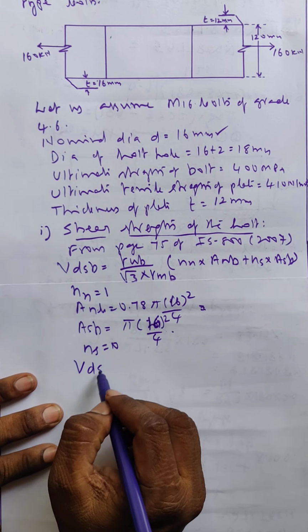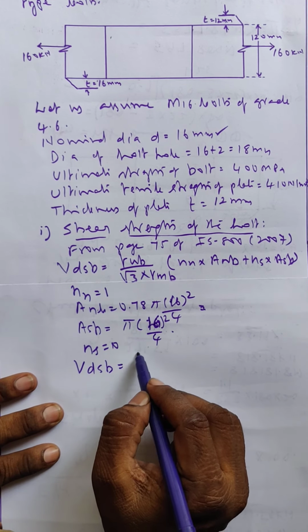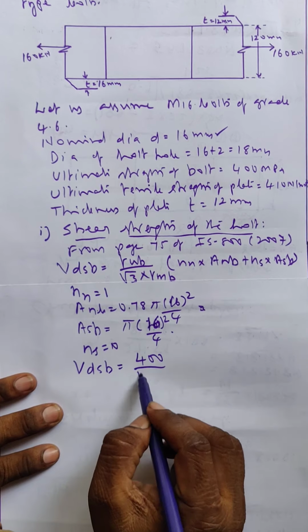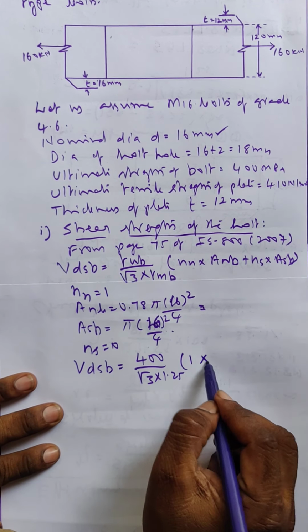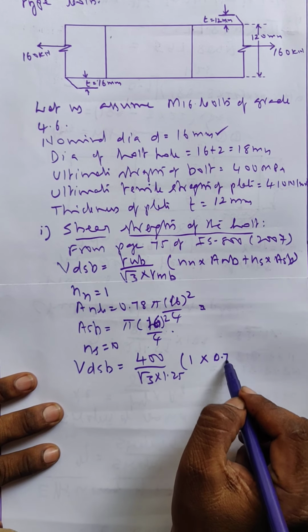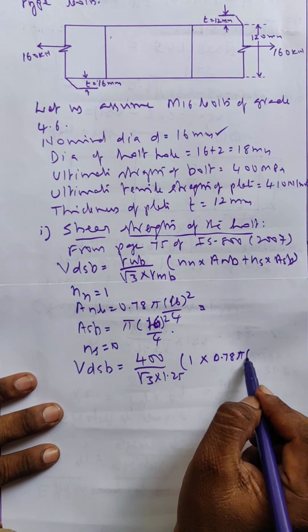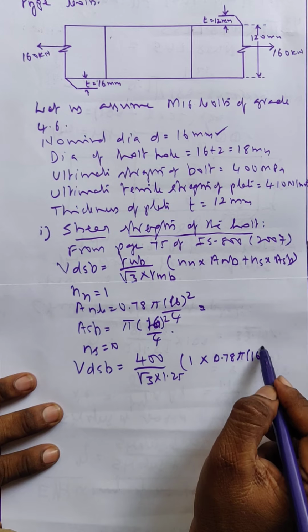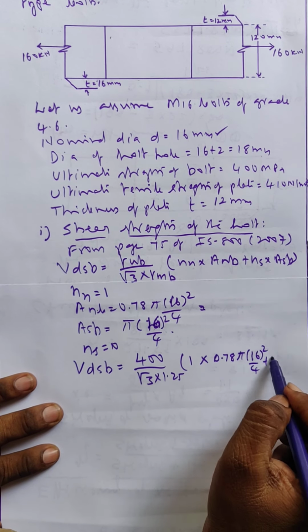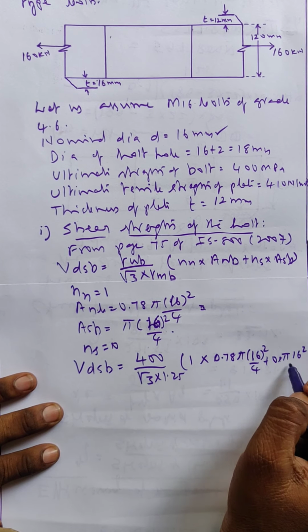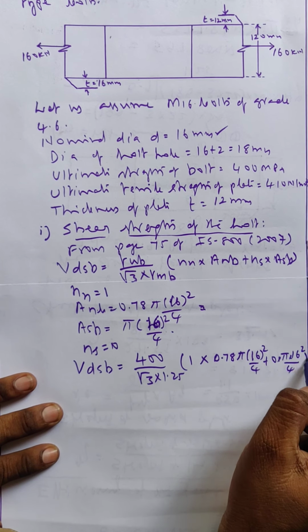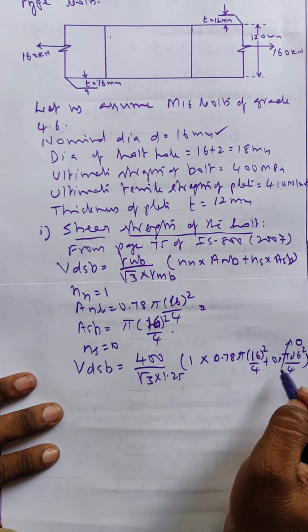V_dsb equals f_ub is 400 divided by √3 into 1.25, n_n is 1 into A_nb is 0.78 into pi into 16 square by 4 plus 0 into pi into 16 square by 4.